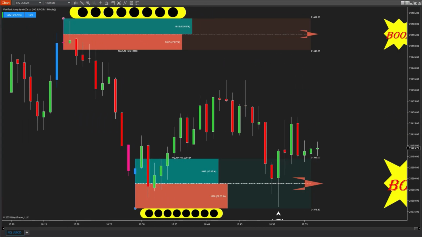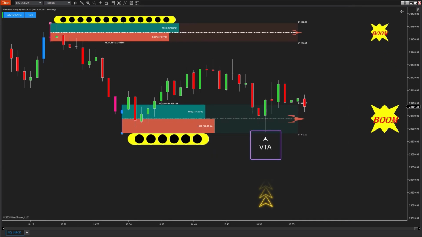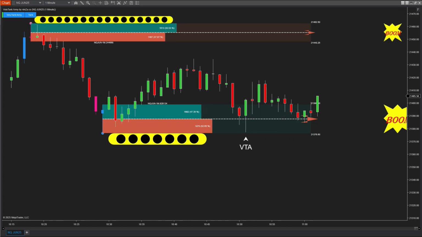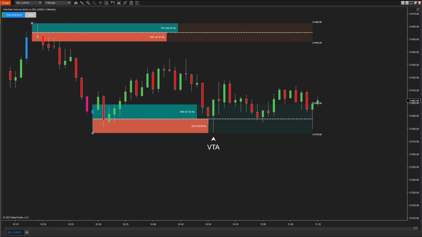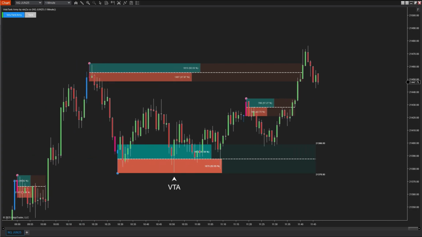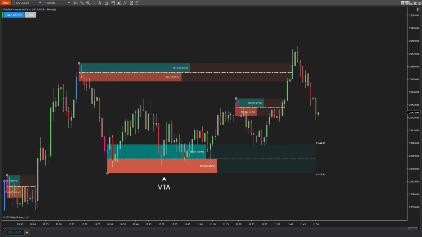Supply dried up. Price bounced sharply with just a small push from buyers. So when price returns to this demand zone later, it's no longer just a technical level. It's a psychological memory of seller failure. That's why price often reacts strongly and moves up again, even though sell volume was dominant the first time.